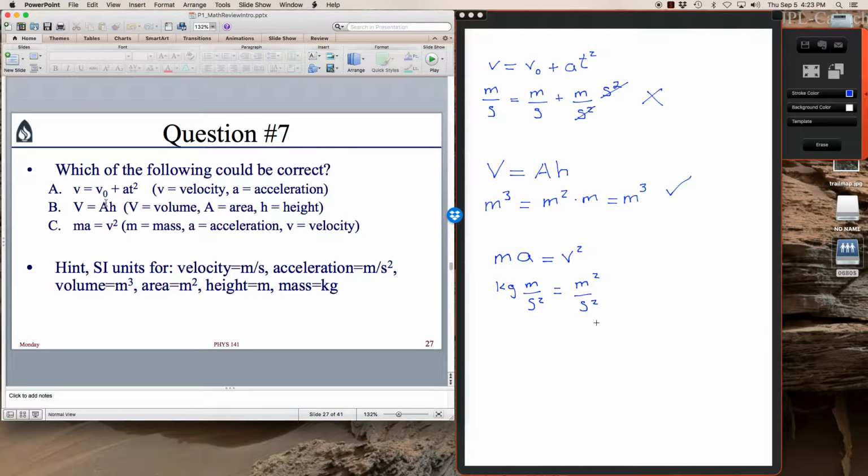If I look at this third equation, boy, the units don't match at all. Here I have a meter squared, here I have a plain old meters, there's a kilogram on one side but not the other. This isn't going to work either. So of these three equations, the only one that works is B. So that would be the answer that I would select.